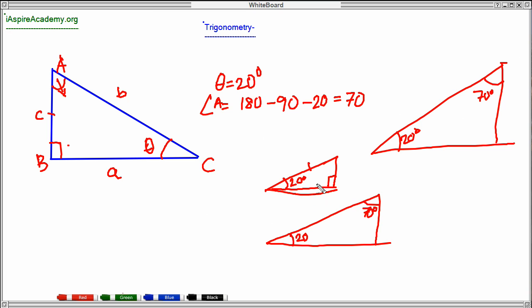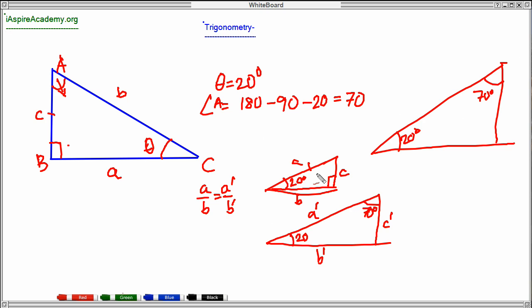In similar triangles, as we know from their properties, the ratio of sides is the same. Let's say this is A, this is B, this is C, the lengths. This is A dash, B dash, C dash. So the ratio of sides would be the same, meaning A by B equals A dash by B dash.